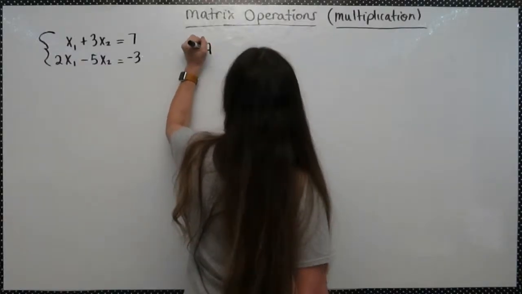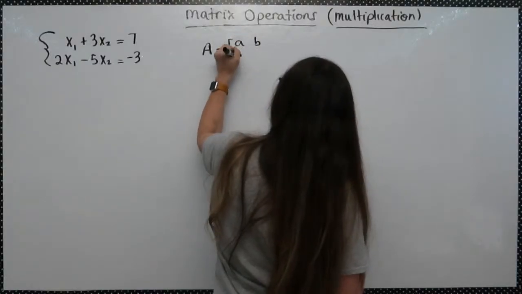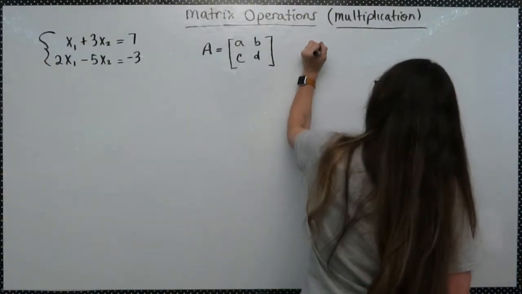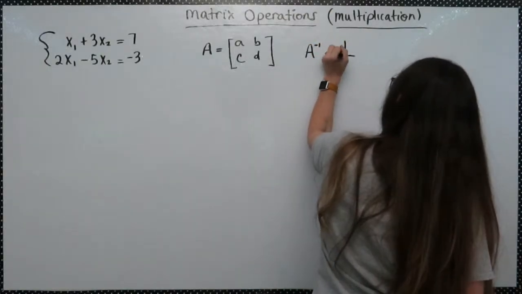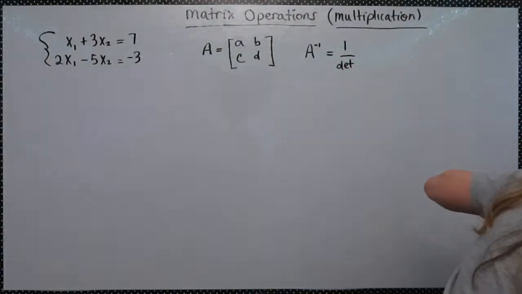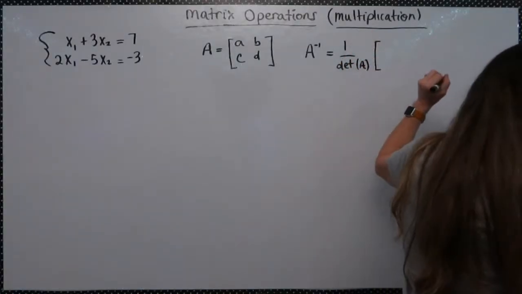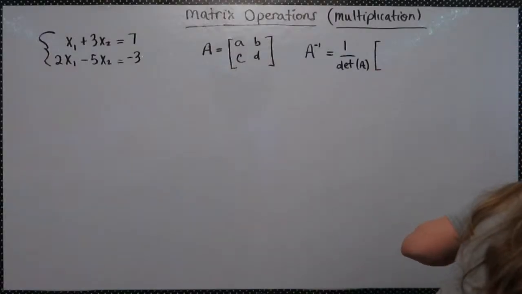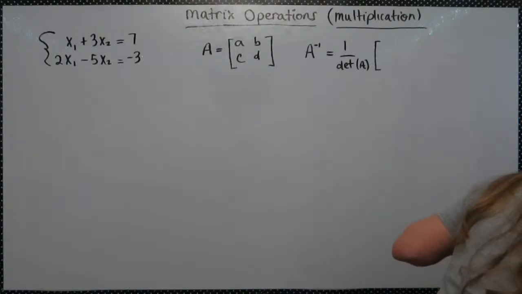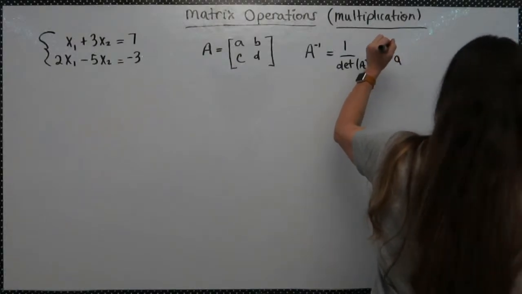And so if you have a matrix A, you've got elements A, B, C, D. Then A inverse equals 1 divided by the determinant of A times this matrix. So D and A get switched, and then these two get negated.